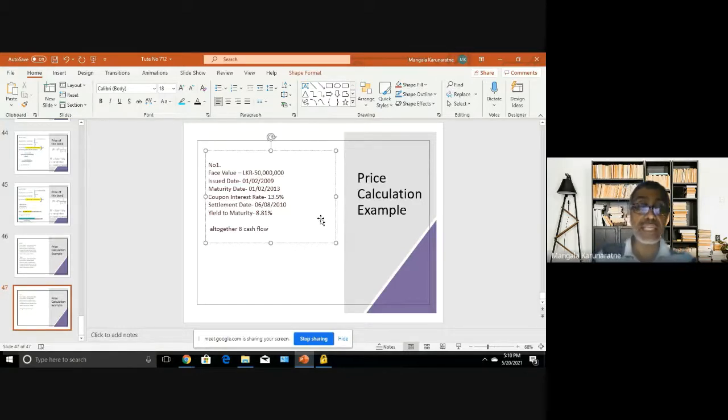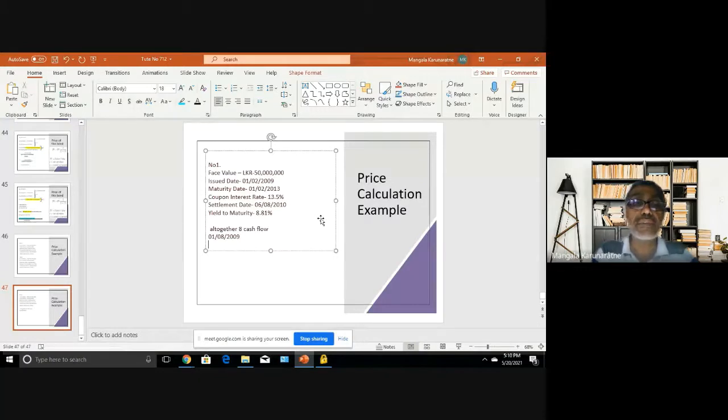So what are the 8 cash flows? We will calculate. Now what is the first one? 1/8. Correct? If I am wrong, tell me. This is the first time I am also calculating this.